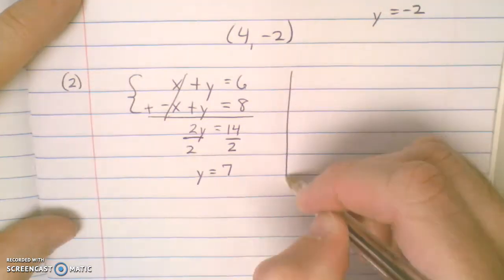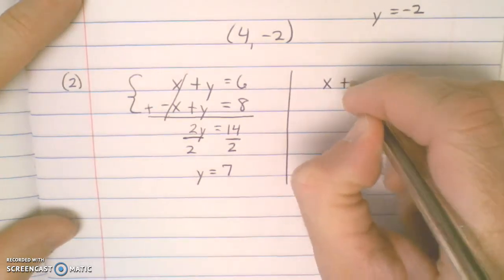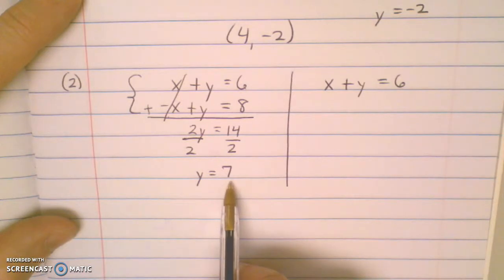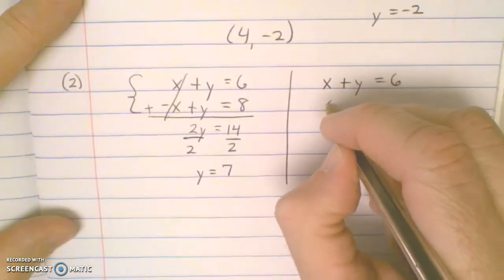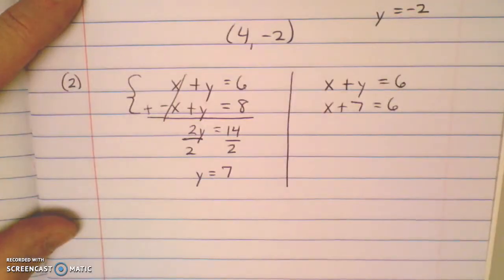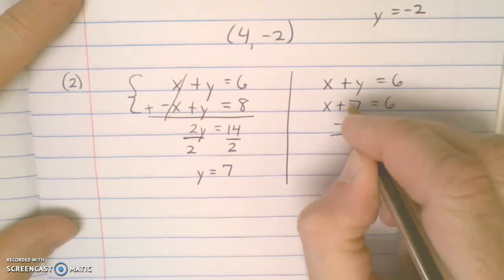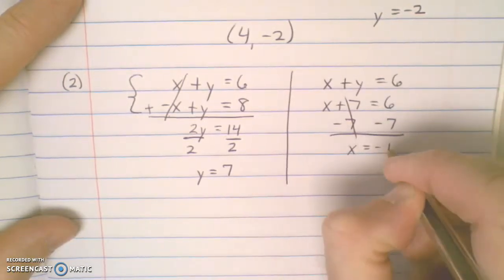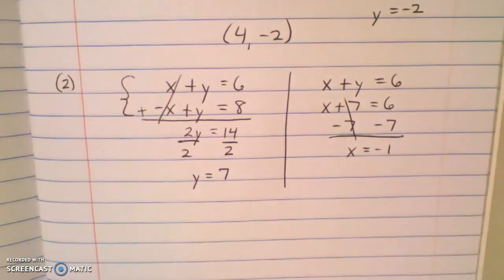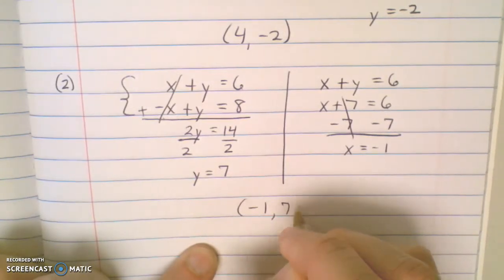So now remember, because we're doing a system, we need two solutions, or two coordinates to our solution. So I'm going to use the first equation. I'm just going to plug in what I got for my y value. So y was 7. So I have x plus 7 equals 6. And now I can solve for x and get x equal to negative 1. So my solution here is negative 1, comma 7.